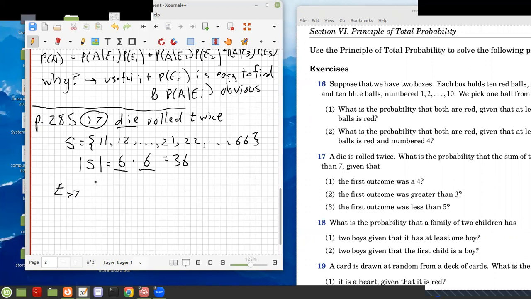Well, we're asked for a conditional probability, given that the first outcome is a 4.